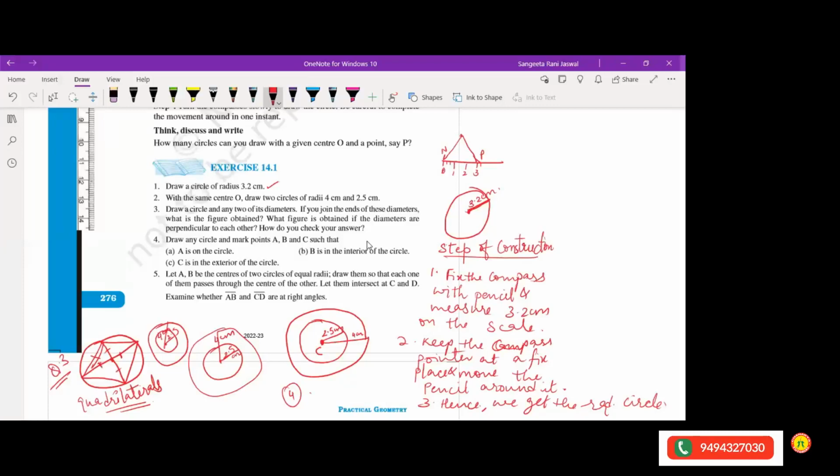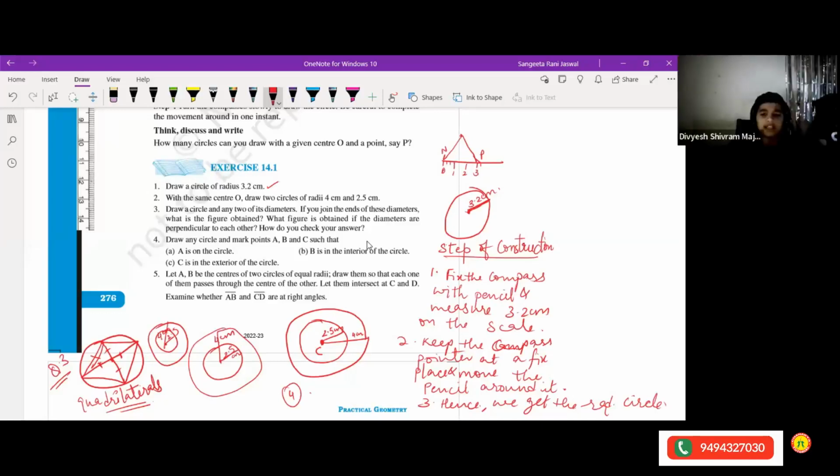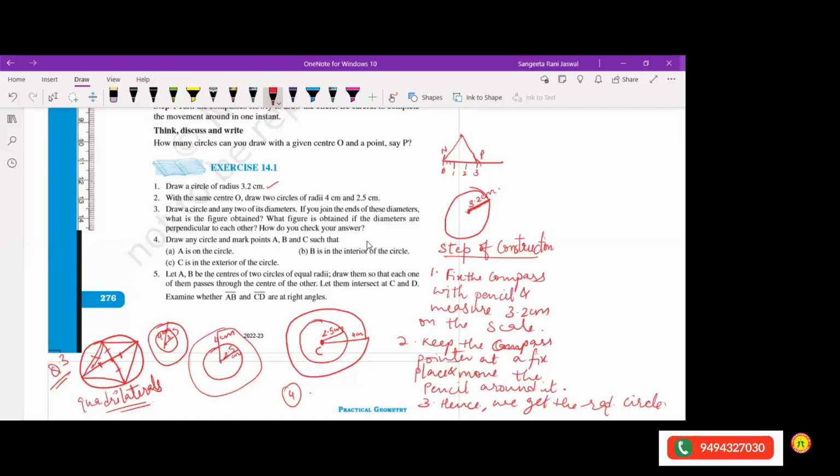So what can we say about the figure? That figure in which the diagonals are perpendicular to each other and diagonals bisect each other, we call such a figure a square.